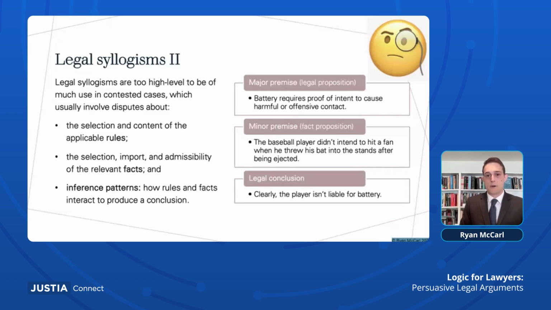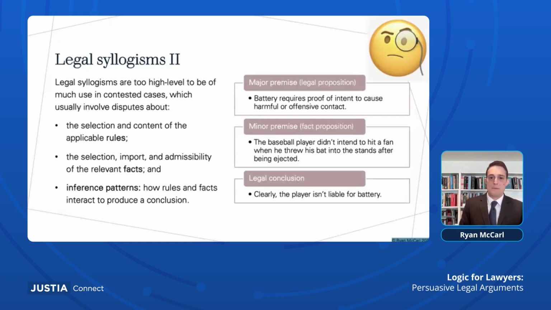And of course, if you're arguing against this, you would challenge these premises. For the first one, that is true. Battery requires proof of intent to cause harmful or offensive contact, but that particular rule statement, I would argue, is at too high a level of generality to address this particular case.